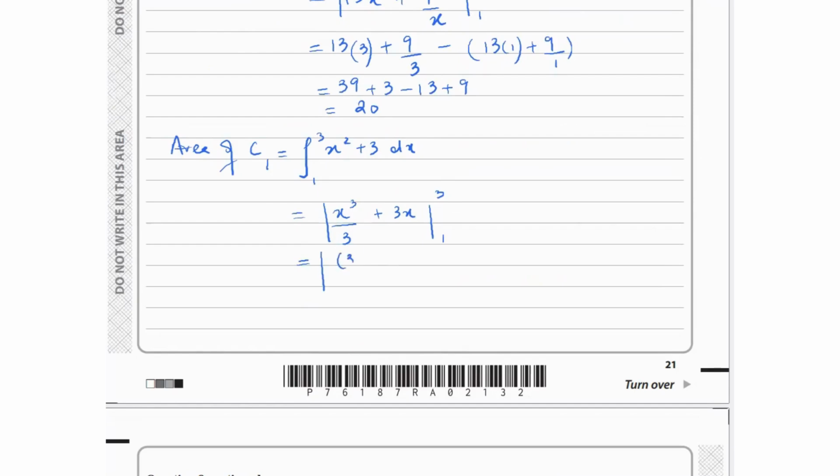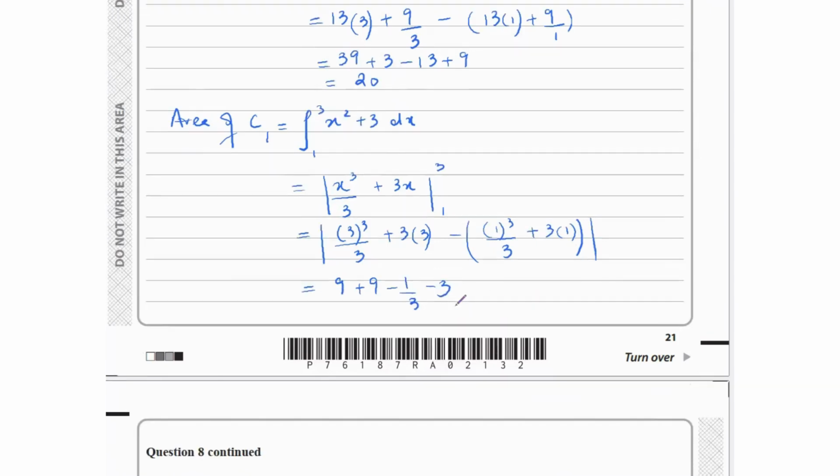So 3 cubed over 3 plus 3 times 3 minus 1 cubed over 3 plus 3 times 1. 27 divided by 3 is 9, plus 9 minus 1 over 3 minus 3.